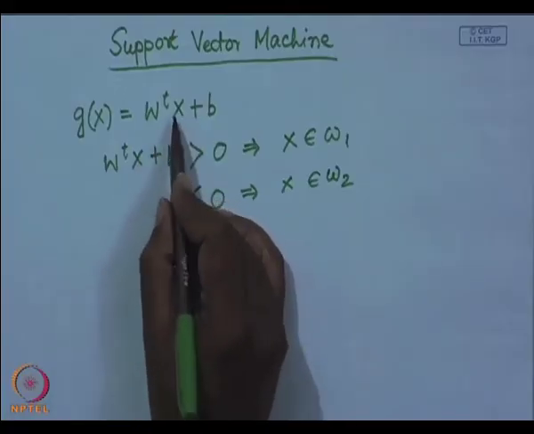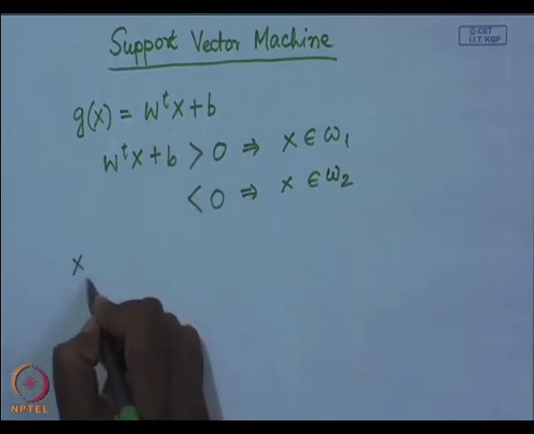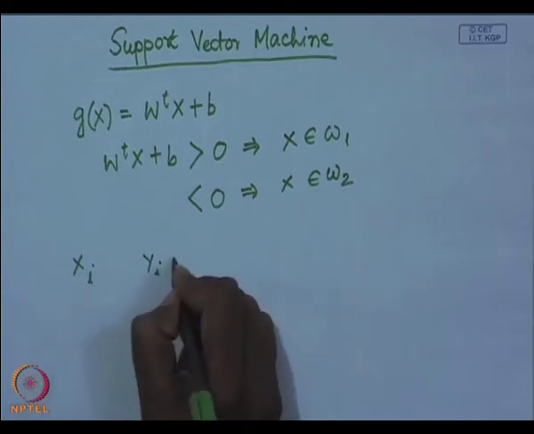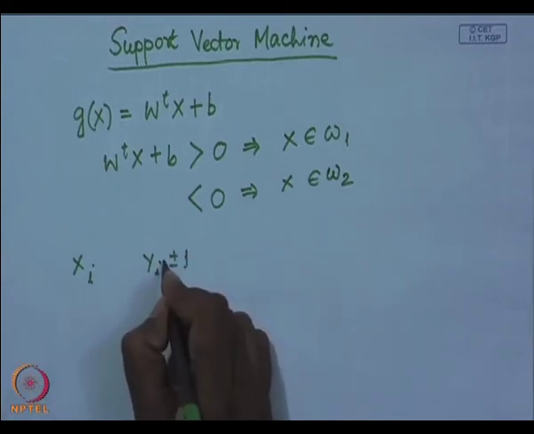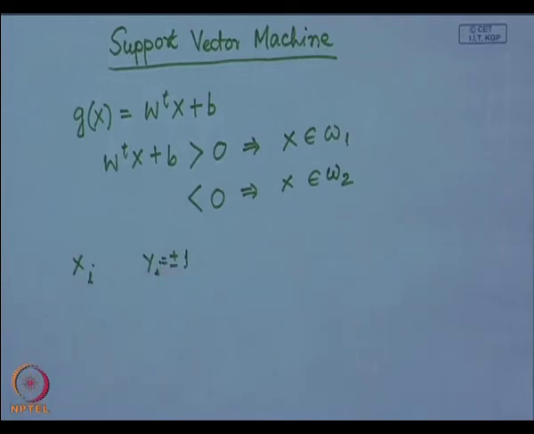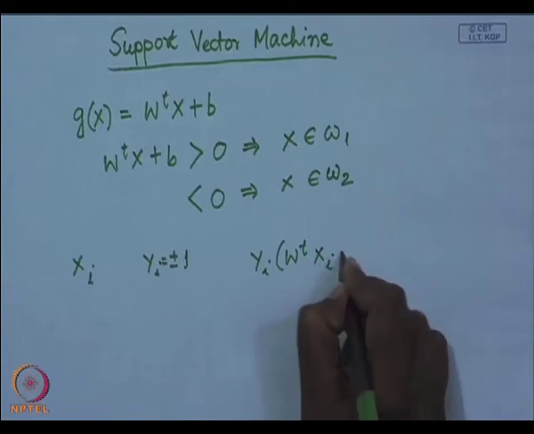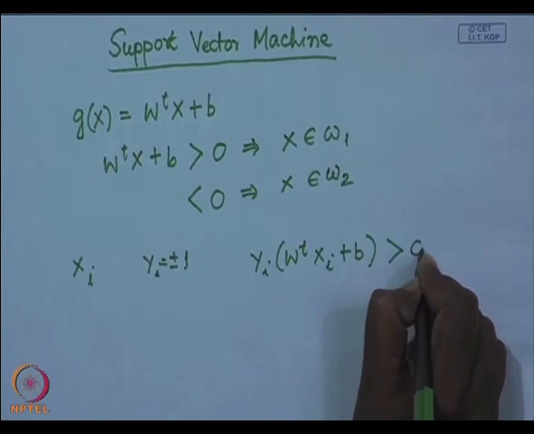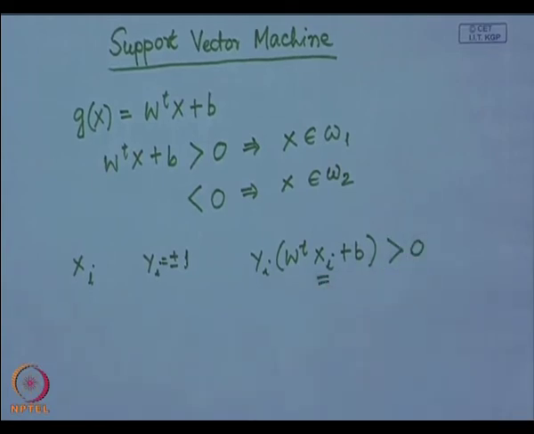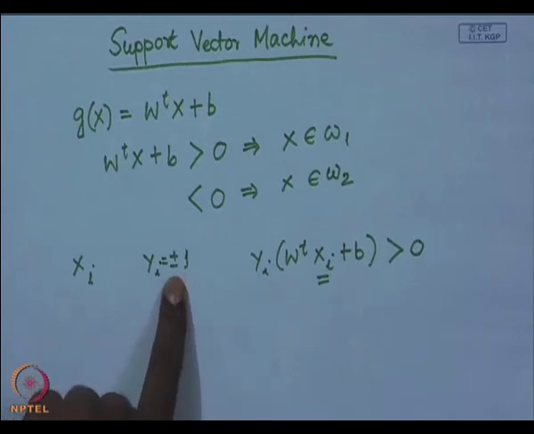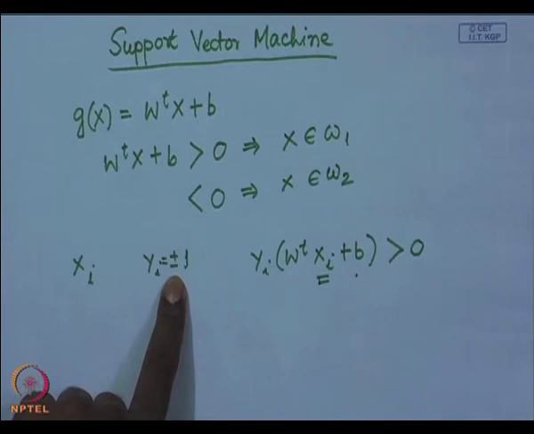Right. So, over here, with every x, if I indicate a number, say y i, where y i can be either plus 1 or minus 1, in that case, this y i times w transpose x i plus b will always be greater than 0 if the sample x i is properly classified, which is quite obvious, because if I say that y i equal to plus 1 for a sample x i which belongs to class omega 1, and for a sample which belongs to class omega 1, this w transpose x i plus b is greater than 0, y i is also positive.